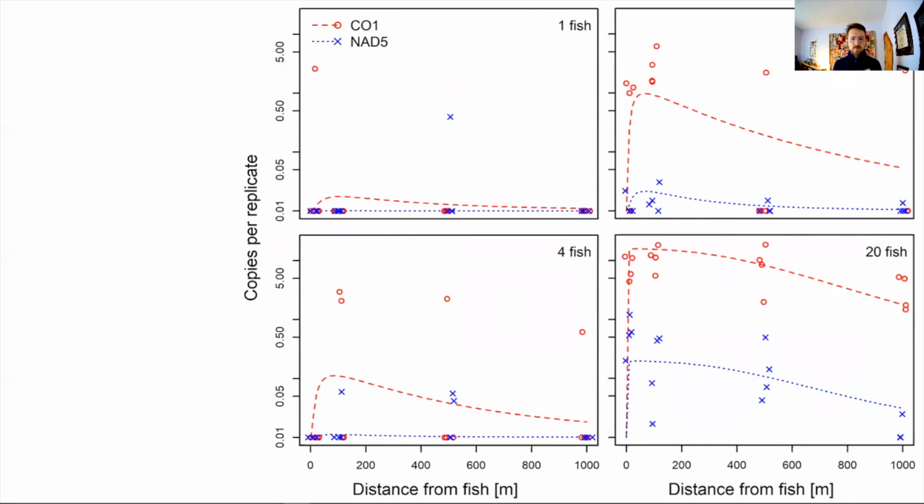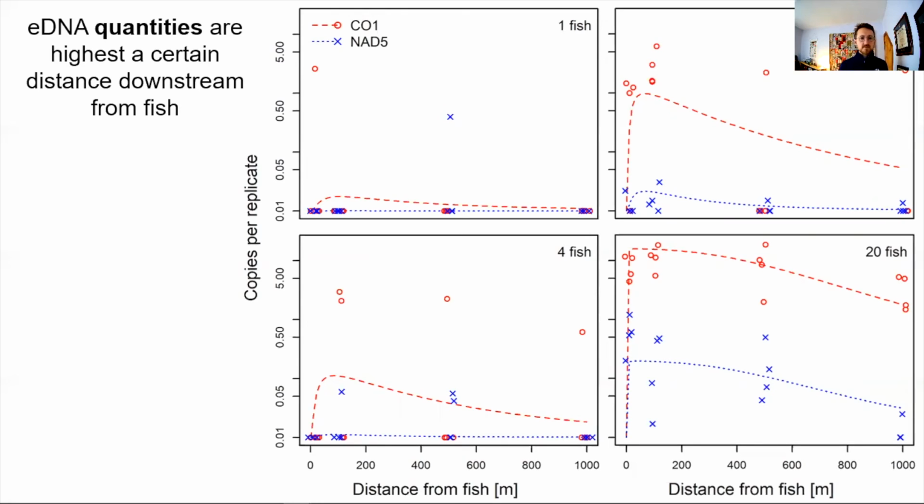So to give you just a quick rundown of what we saw in this experiment, I'm showing you the quantity of eDNA detected on the y-axis in copies per replicate, and the downstream distance from the fish on the x-axis. And we see this really interesting pattern here, which is that the quantity of eDNA we find is not highest right below the fish.